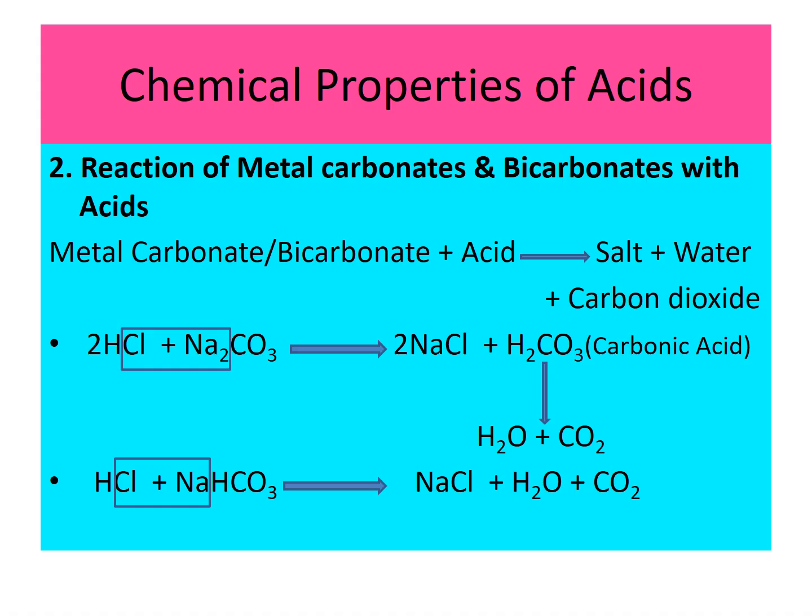Again you can see the box enclosing the cationic part from the metal carbonate and the anionic part from the acid to form a salt, while hydrogen and carbonate combine together to form carbonic acid, which dissociates into water and carbon dioxide. So the ultimately final products are the salt, water and the carbon dioxide gas.